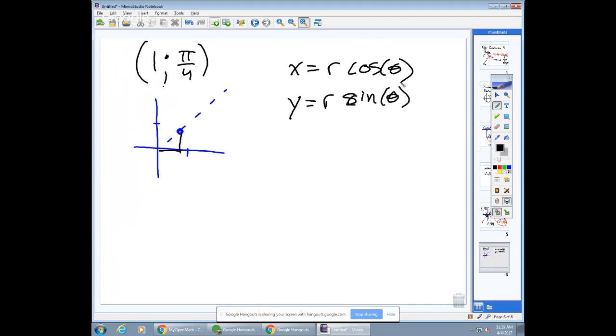So in this particular case, my x value is going to be 1 times the cosine of pi over 4. Cosine of pi over 4 is square root of 2 over 2, or if you prefer, 1 over square root of 2. y is the same thing.